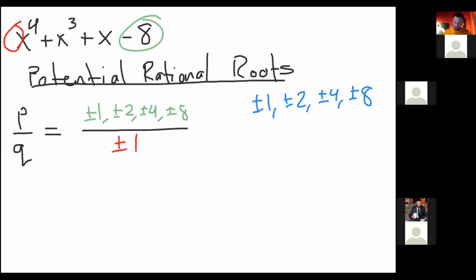As we saw yesterday, when we have this nice division by 1, it really just says, potentially change the sign or keep the same. That gives us the list plus or minus 1, plus or minus 2, plus or minus 4, plus or minus 8. So when you typed in your answer, you should have had the numbers 1, 2, 4, and 8. And when you hit submit, we're assuming that you're answering plus or minus.